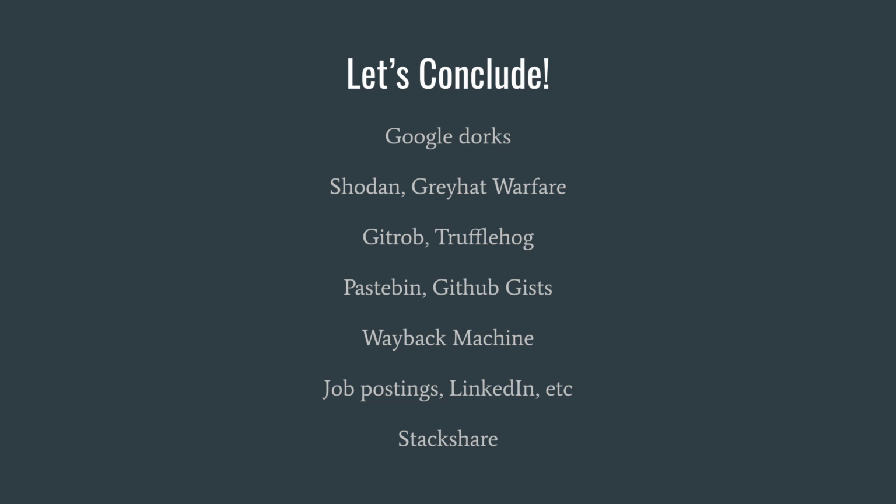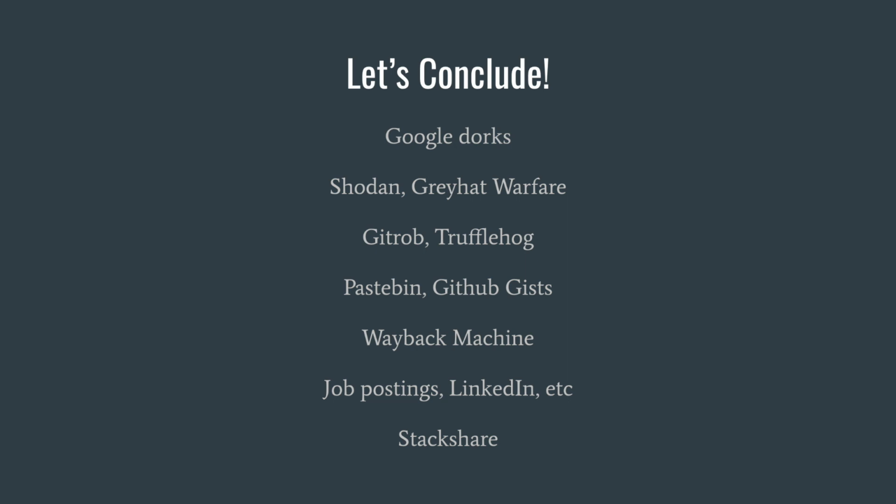There are also several intelligent search engines that will help you research targets. One of them is Shodan, which allows you to port scan and perform technology fingerprinting without ever interacting with the server. And you can use GrayhatWarfare and Google Dorks to find exposed S3 buckets that belong to an organization.